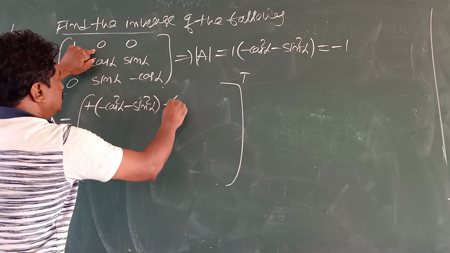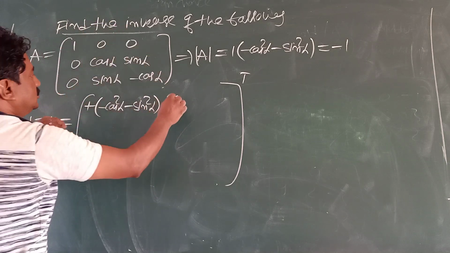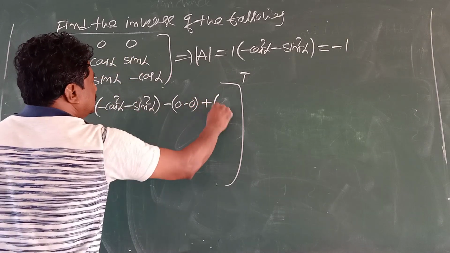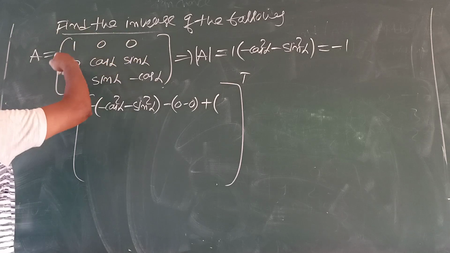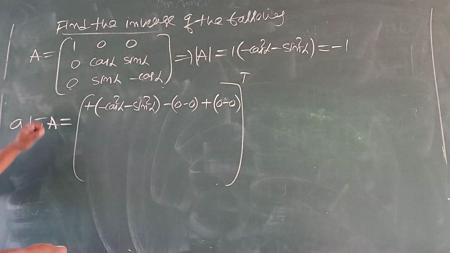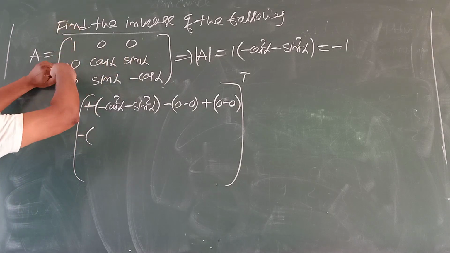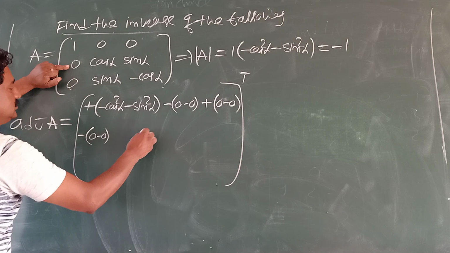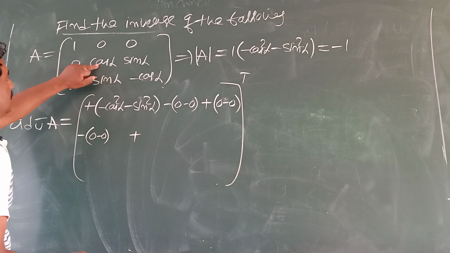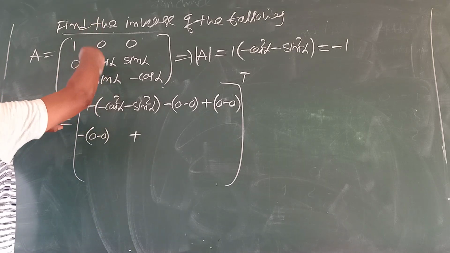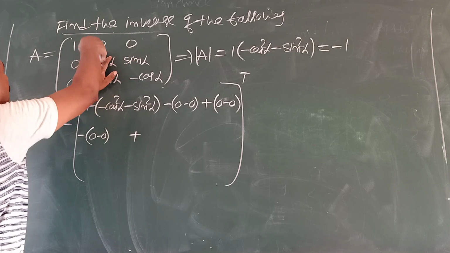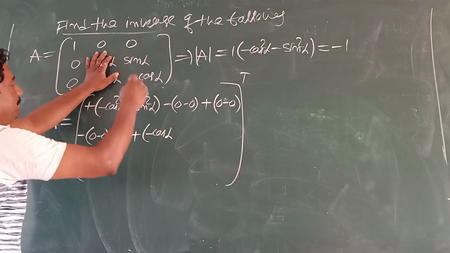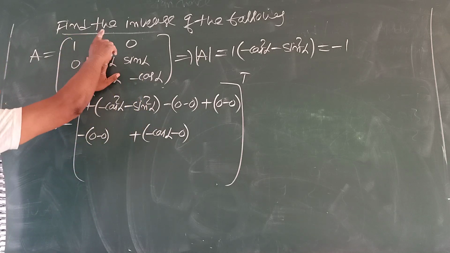Next plus minus column row 0 minus 0, column row 0 minus 0 plus, come to this last element, column row 0 minus 0, come to this element students, minus row column 0 minus 0, next plus come to this middle element, column row minus cos alpha into 1 minus cos alpha minus 0 minus cos alpha minus 0, right?